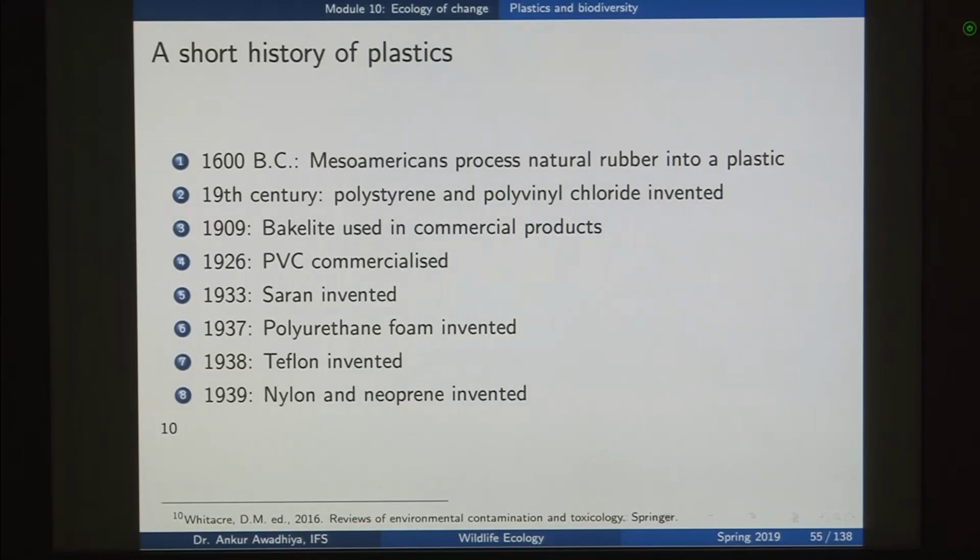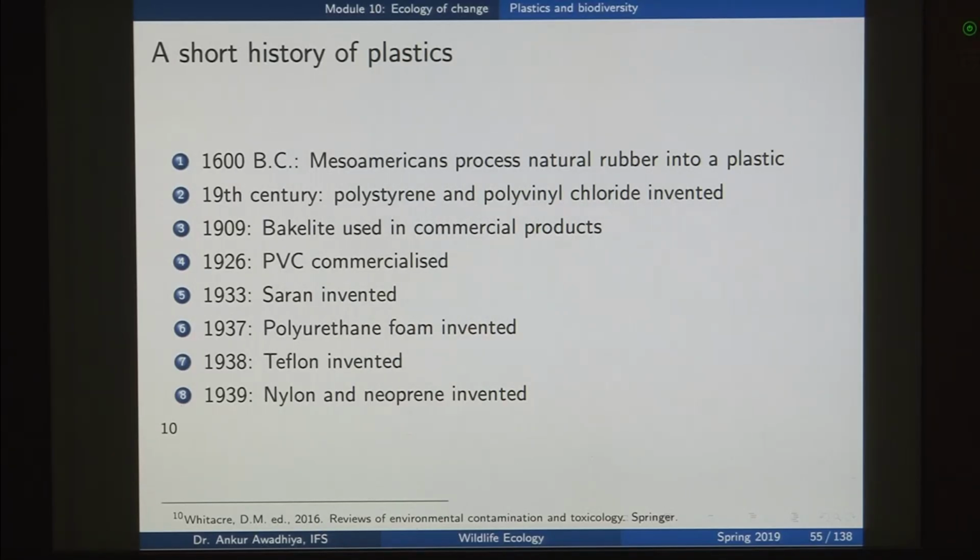So, we will look at a short history of plastics. The earliest use of plastics began in 1600 BC, where Mesoamericans were processing natural rubber into a plastic. They were converting natural rubber into balls and they used to play with these balls. So, that is the earliest known usage of a plastic material. Now, in the 19th century, we started seeing plastics in a bigger way. Polystyrene and polyvinyl chloride were invented.